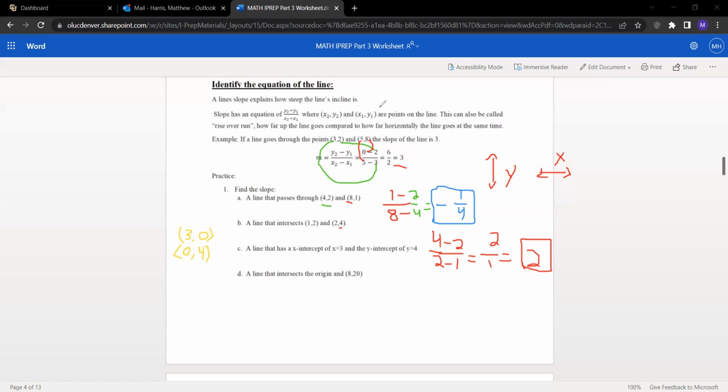So now we have 2 points, and we can do our equation. So we have 0 minus 4 over 3 minus 0. We have -4 over 3. And that is part C.